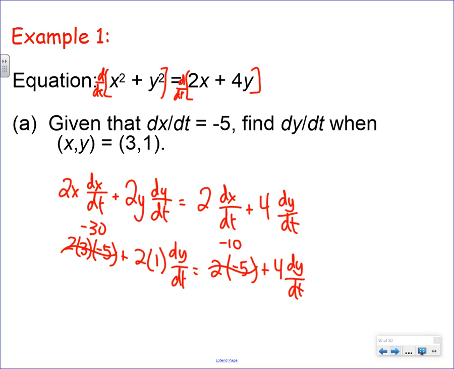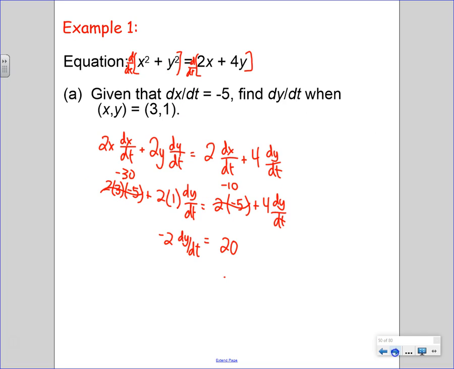I could subtract the 4 dy/dt. Now that I just have numbers, I can just combine my terms. I can add the 30. You guys look at my mental math, I think it's negative 10. There are no units because they didn't give me any, so alright, fine.